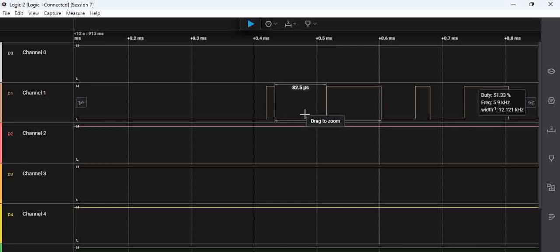So if you see, the communication between DHT11 and the host is a single wire interface. It's only one wire.